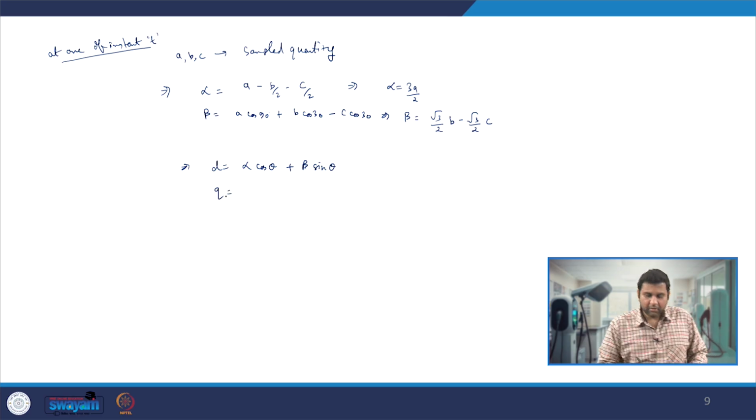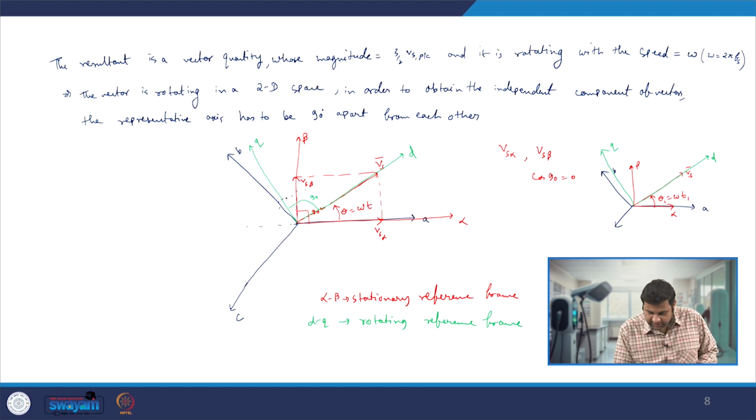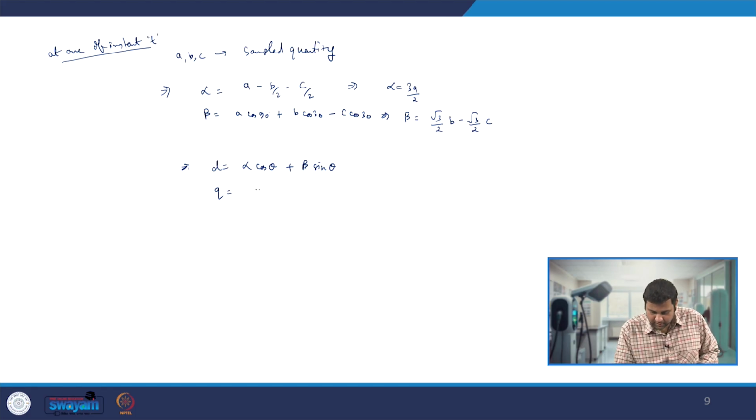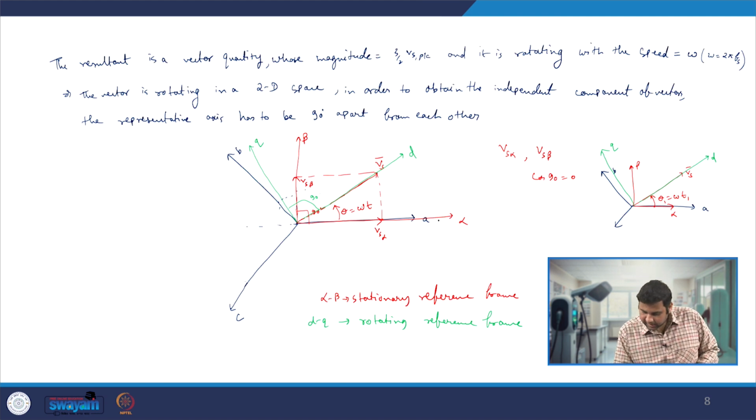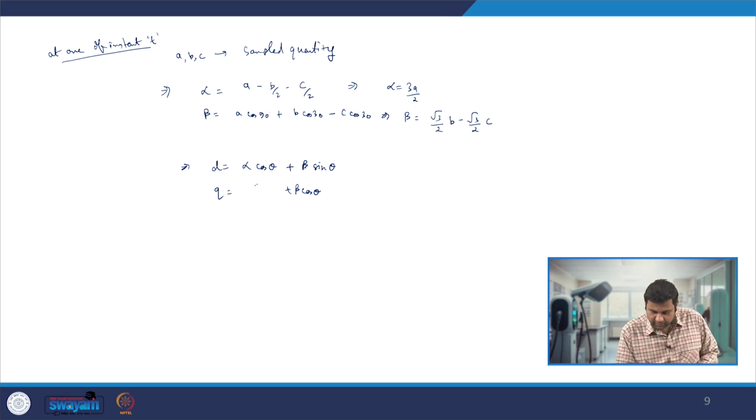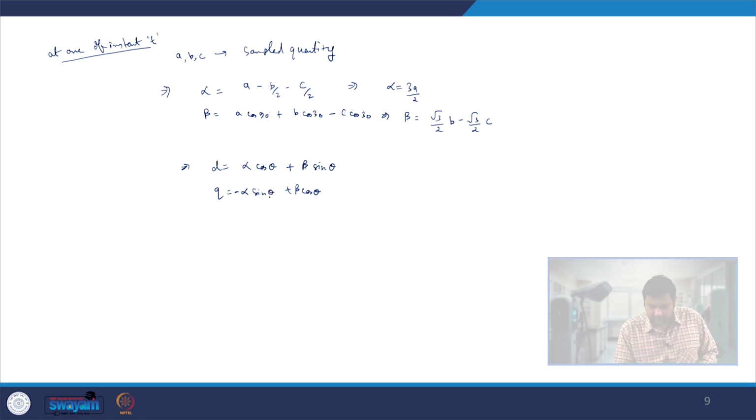And the Q quantity of that alpha beta quantity: this is 90, this is theta, so this is beta cos theta, and the alpha quantity you take as negative, at 90 minus theta, so minus alpha cos 90 minus theta, which is minus alpha sin theta.